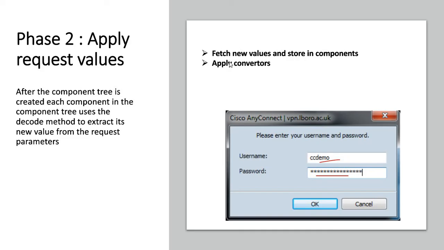So it fetches the new value, stores it in components, and applies converters. Applying converters means in the second phase we also convert, for example, string to integers and perform many operations.